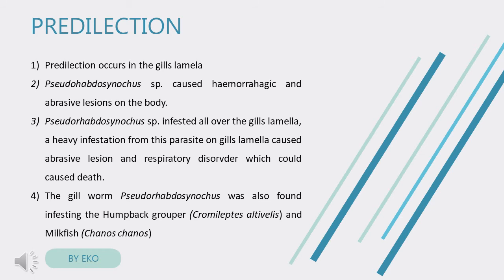A heavy infestation from this parasite on the gill lamella causes abrasive lesions and respiratory disorder which causes death. Fourth, the gill parasite from this species is also found to attack humpback grouper and milkfish.